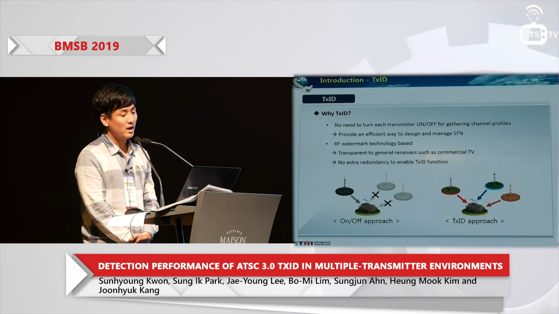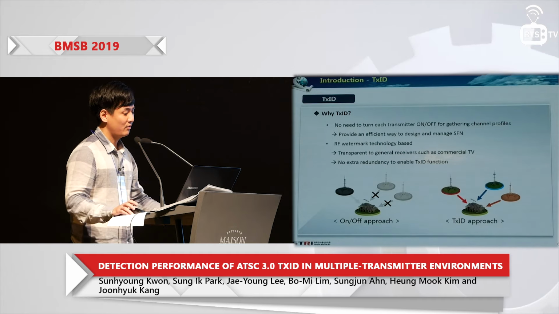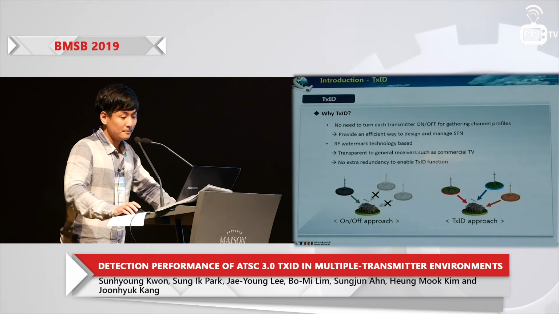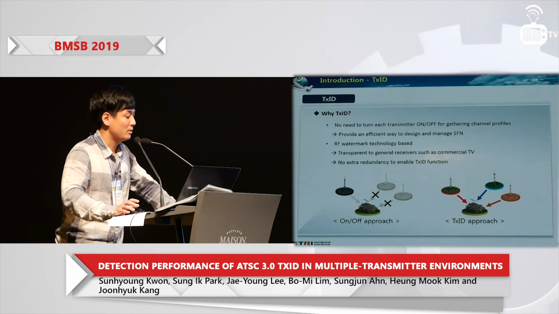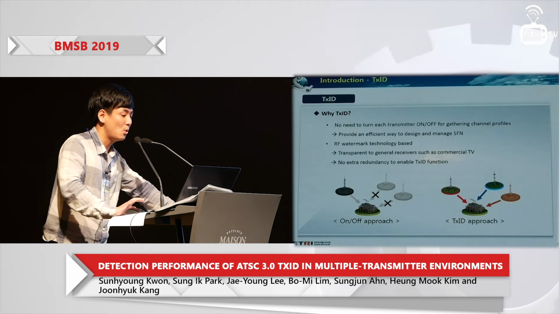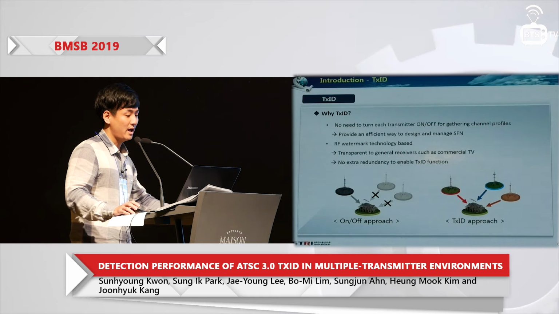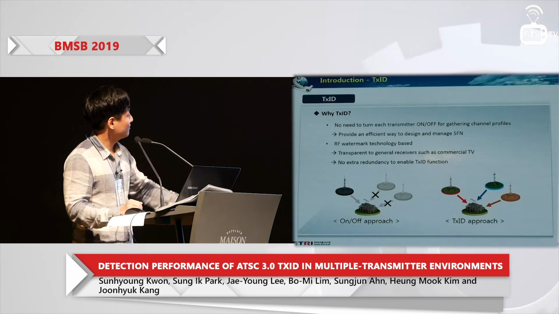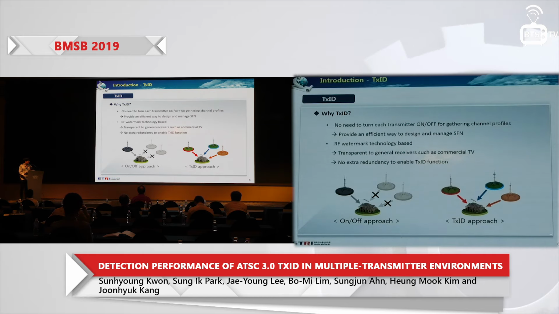And why is TxID so important? What if we don't have TxID? Let's imagine that we don't have any TxID functionality. In this case, we have to turn on only one transmitter at a time, the one that you want to measure, like the leftmost transmitter in the left figure.